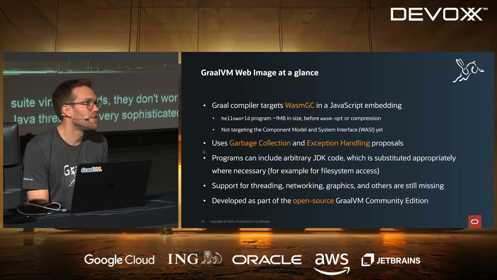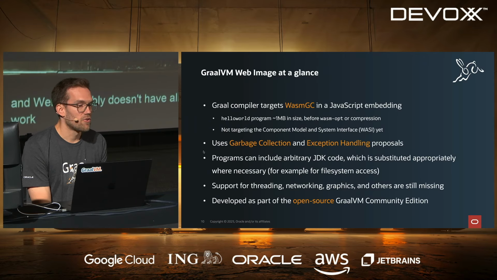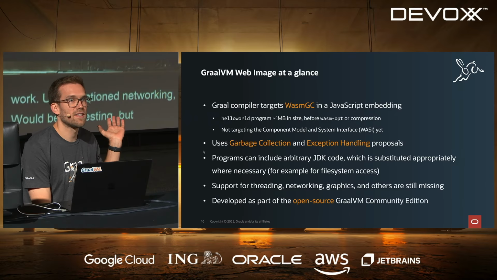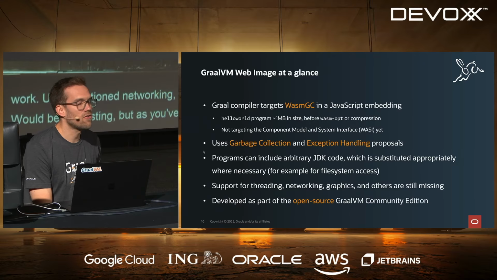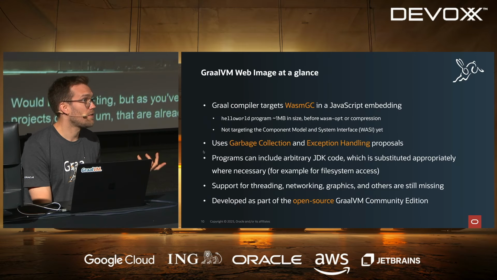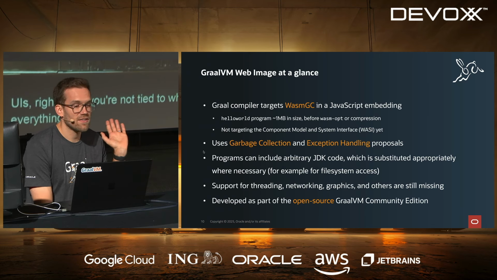And we need to get this right, and WebAssembly doesn't have all the bits that we need to make that work. I mentioned networking. Graphics would be interesting, but as you've already seen, there are companies or projects outside already playing with web image to create UIs, right? And you're not tied to what the JDK provides. You can use every JS framework that you want, right?